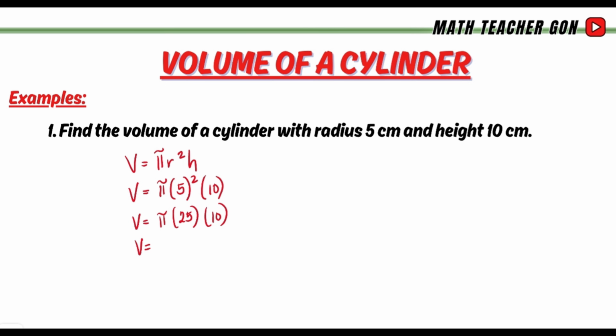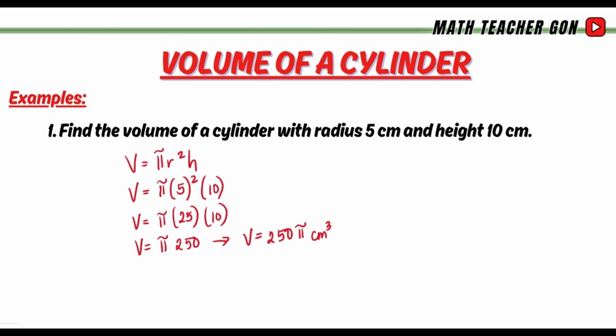Next, volume again, copy pi. What is 25 times 10? And that is 250. So it can be written as volume is equal to 250 pi cubic centimeters.